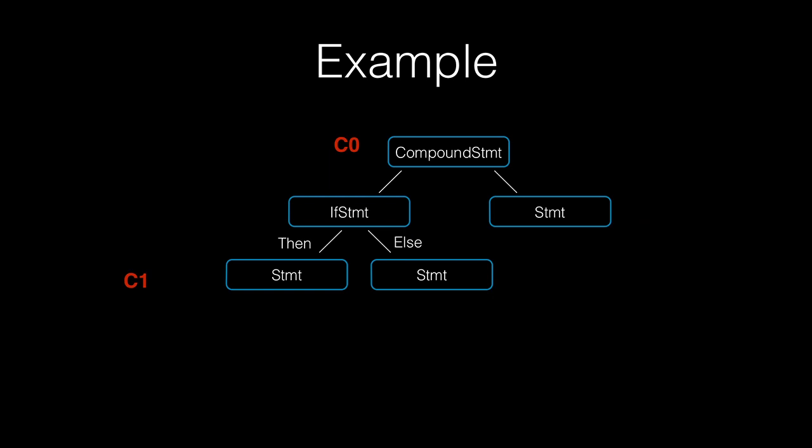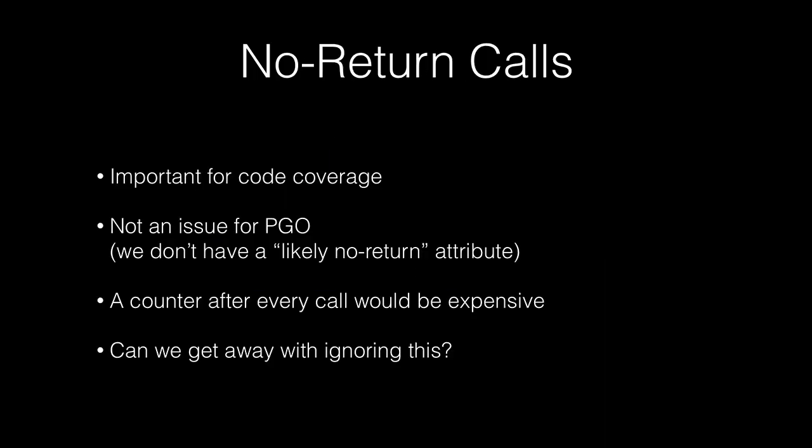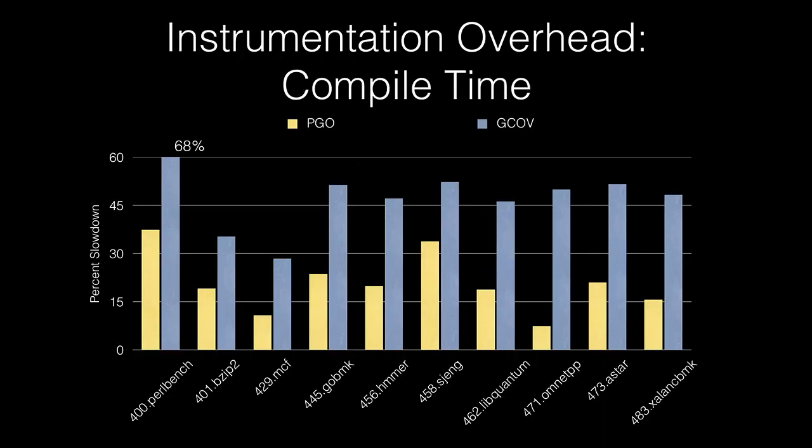The other statement after the if also doesn't need a separate counter because we know it's also going to execute C0 times. And we're currently looking at seeing if we can find a way to also be smarter about minimizing the number of counters that we use for loops. I'm going to skip that for the sake of time and go right to the numbers.